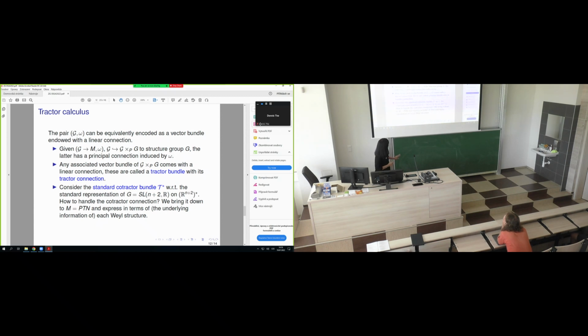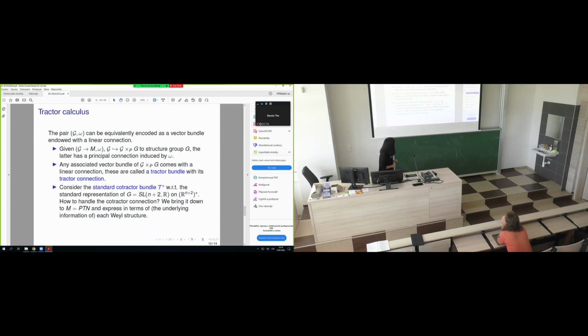So the parabolic principal P bundle naturally extends to structure group G in this way, and then the parabolic form will induce a principal connection here. So whenever you have a G action on a vector bundle, the associated vector bundle comes with a linear connection, and this pair is called a tractor bundle and a tractor connection.